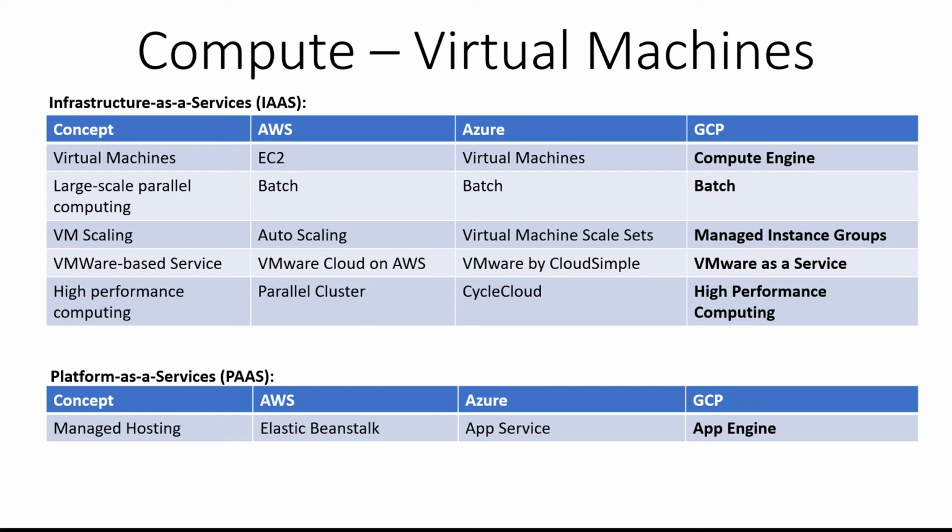But as an enterprise moving to the cloud, if you are a VMware house and you use this VMware cloud service, then your underlying hardware will be completely VMware only, not any other hardware.